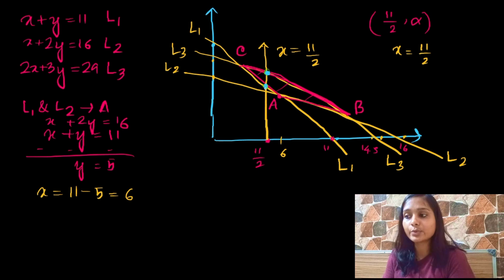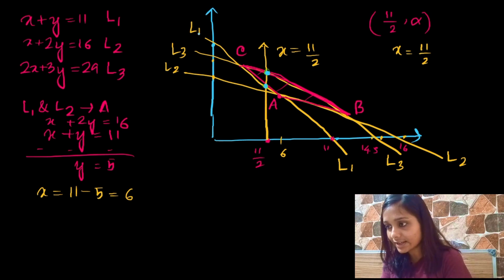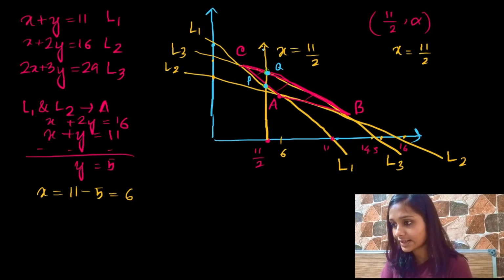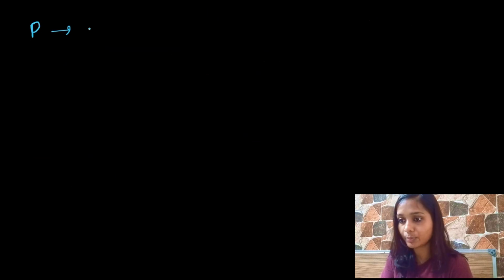Now x equals 11 by 2 is intersecting line L1 at this point, and this straight line is intersecting L3 at this point. Let me name those two points as P and Q. P is the intersection of x equals 11 by 2 and L1.